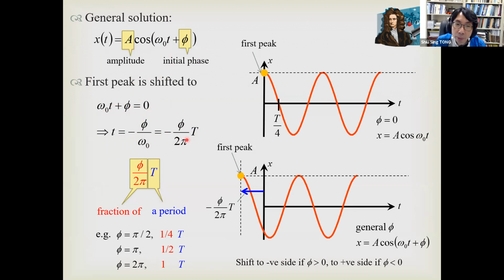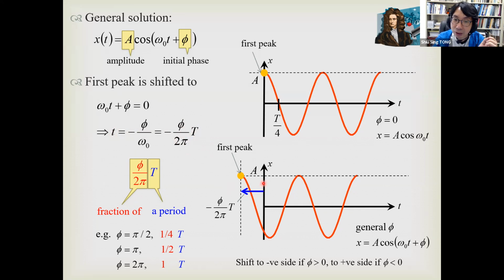Now, how do I interpret this form of the equation? If I assume phi is positive, then you can see the position of the first peak, that is t, is shifted to the negative t side by this amount.